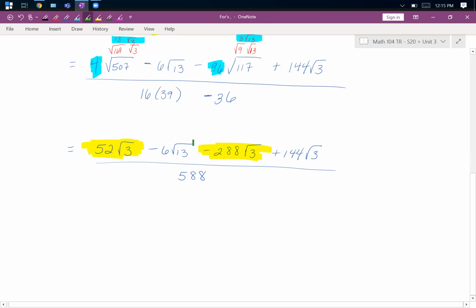Ooh, I feel like I'm missing something. Okay, this is 288 square root of 13. Okay, so these two go together.